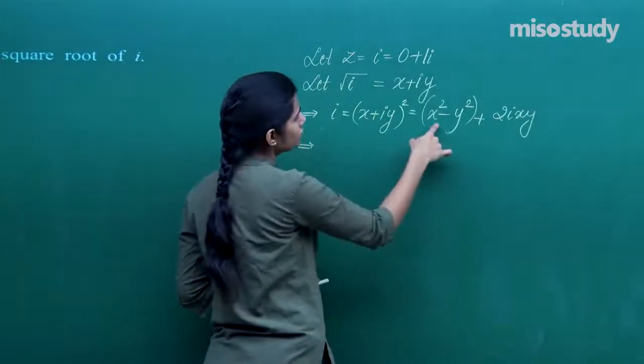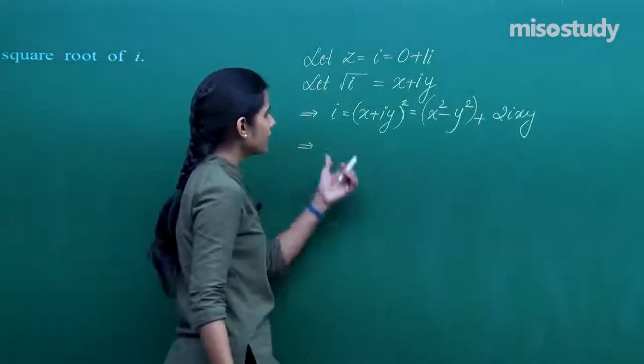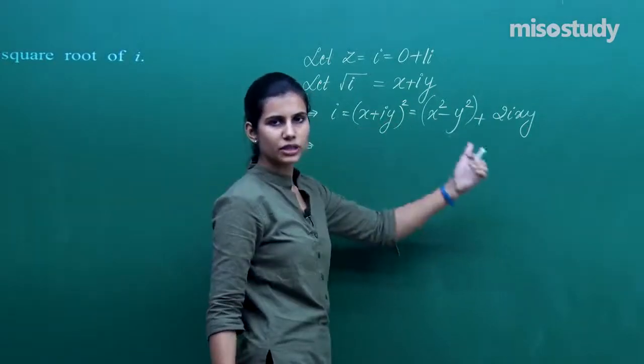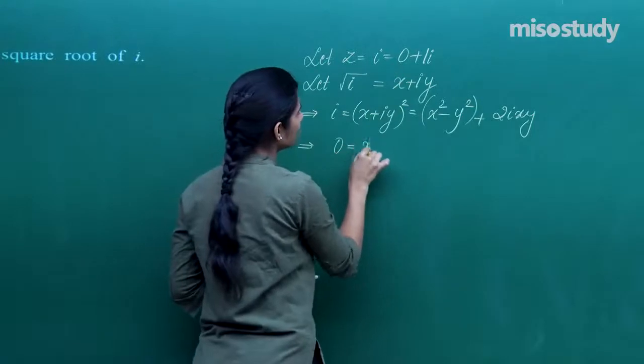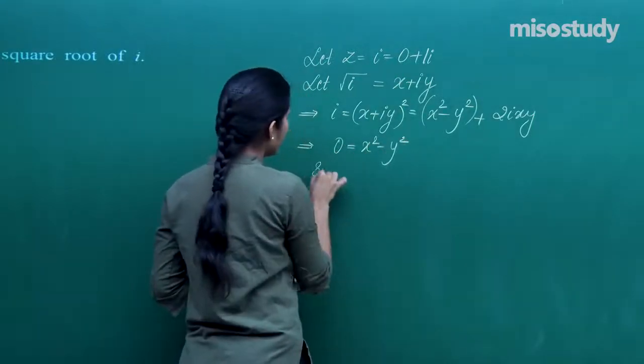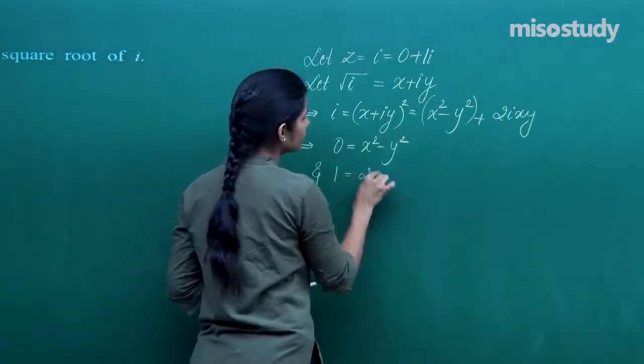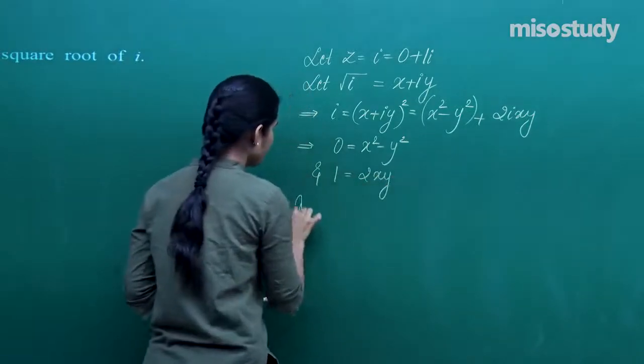If i is equal to x square minus y square plus 2ixy, that means real part equals real part, imaginary part equals imaginary part. Real part of i is 0. So 0 is equal to x square minus y square, and 1 is equal to 2xy. After this, what was the step?